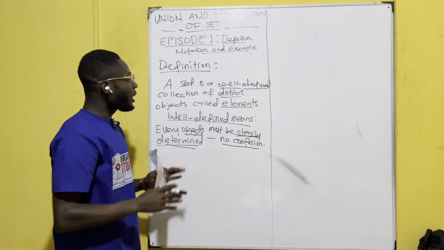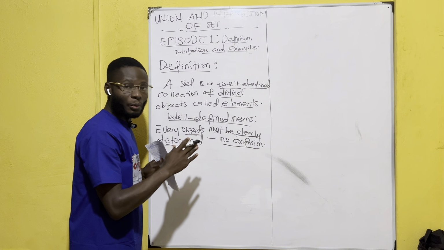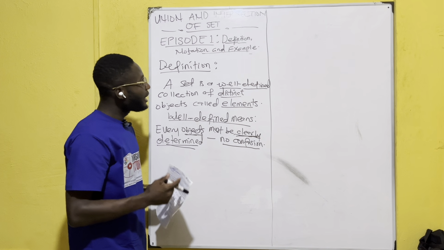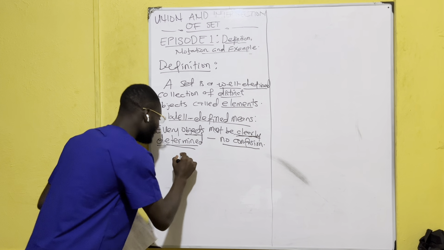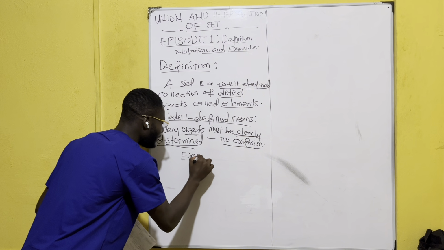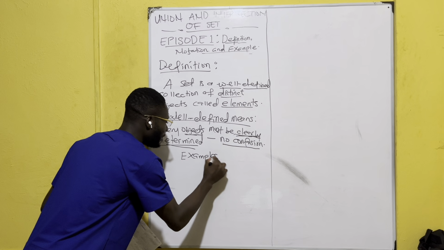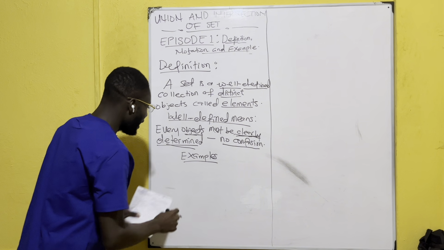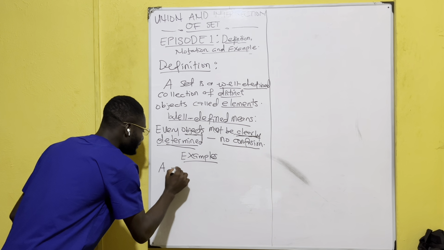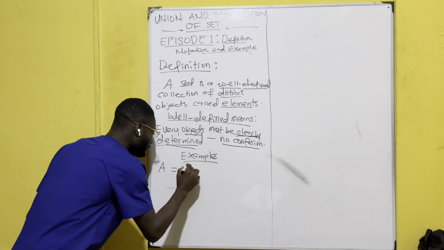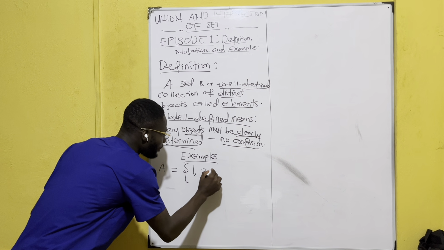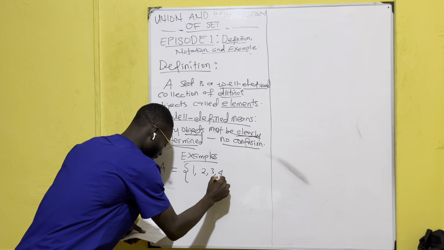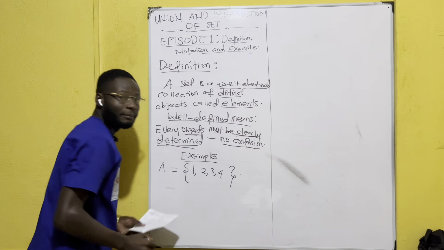Now, once we have this concept well synced in, let's look at some examples of a set. A clear example is A equals curly brackets 1, 2, 3, 4, close curly brackets.